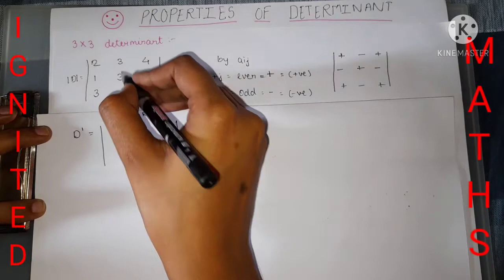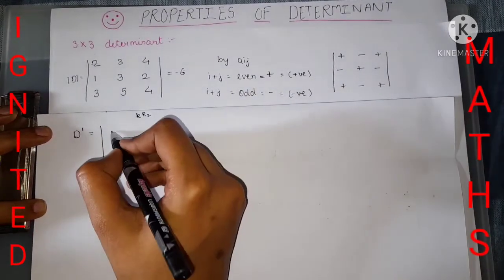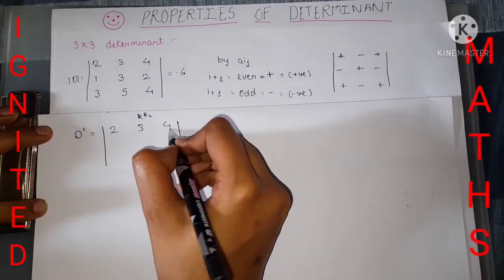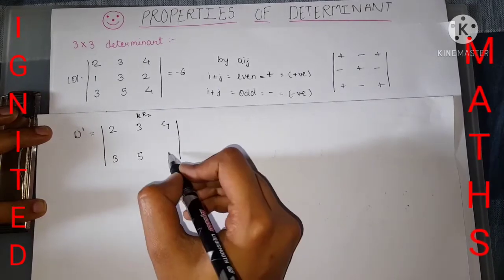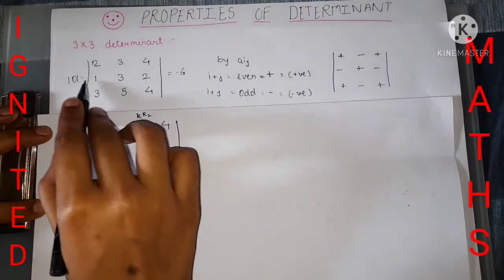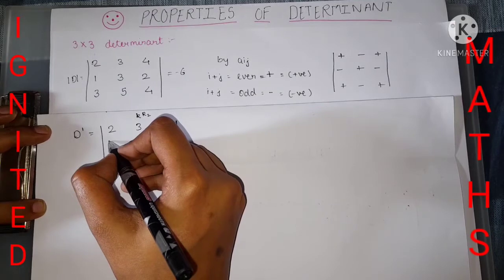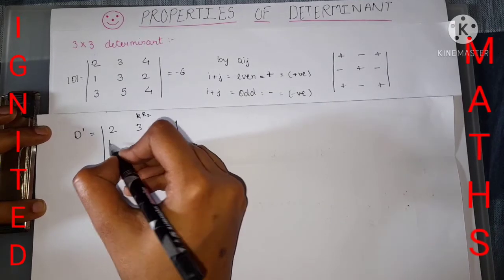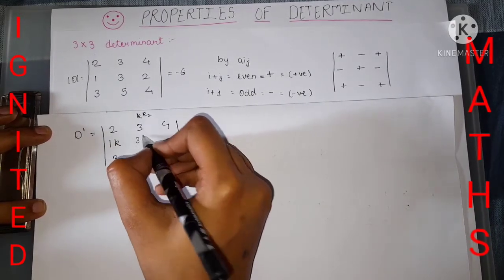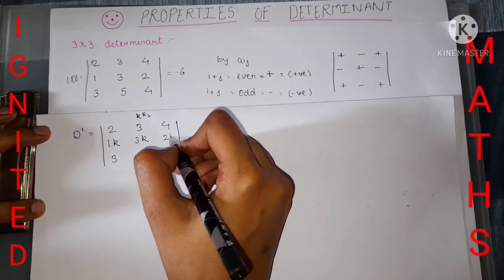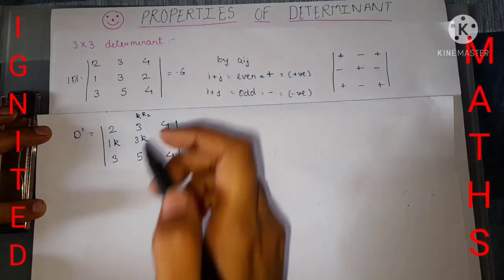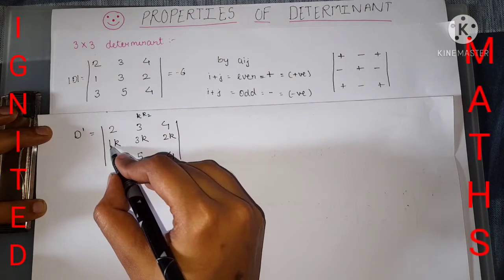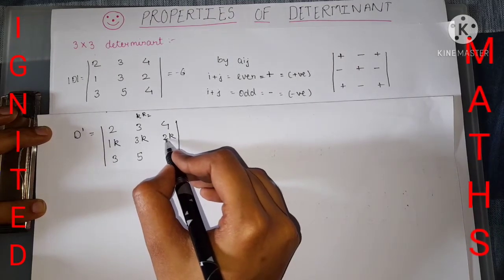Row 1 and row 3 will remain 2, 3, 4 and 3, 5, 4. But row 2 will be multiplied by k, so 1k, 3k, 2k. This k will be the same for each and every number.